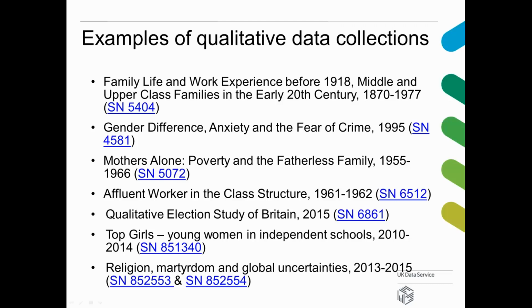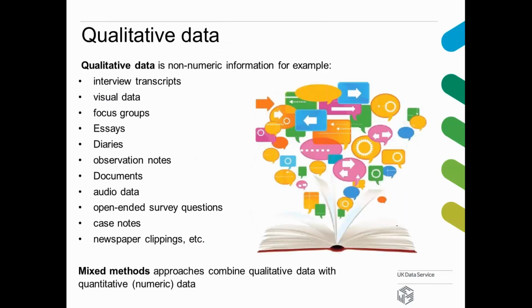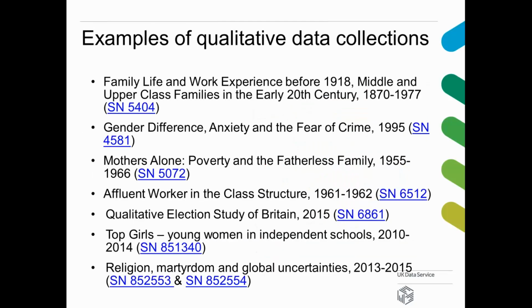So you can see that some of the formats are things like interview transcripts, diaries, observation notes, etc. And we also have a number of collections which will have mixed data, so they'll have some qualitative data alongside some quantitative or numeric data. And here's just a few examples. And you can find many, many more by searching our Discover catalogue for qualitative data.